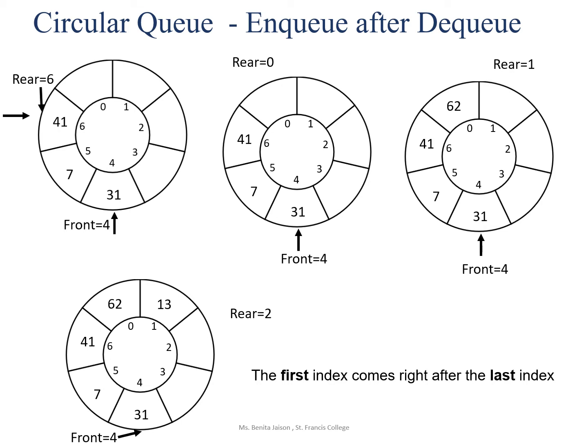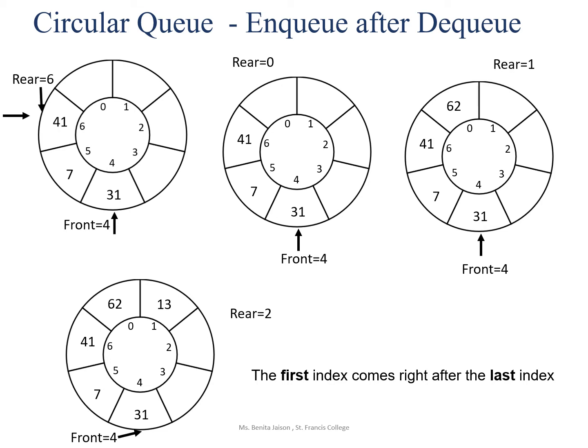Now, if you try to insert elements into the circular queue, we can see that it will be inserted by the circular increment of the rear index. We know that the rear index in the example is given as index number 6.